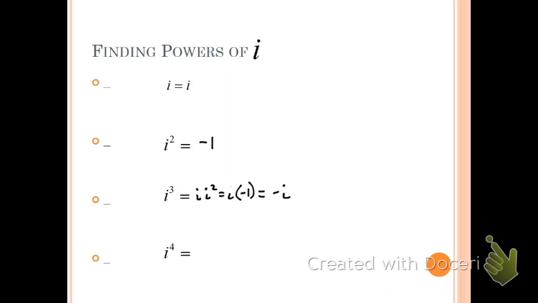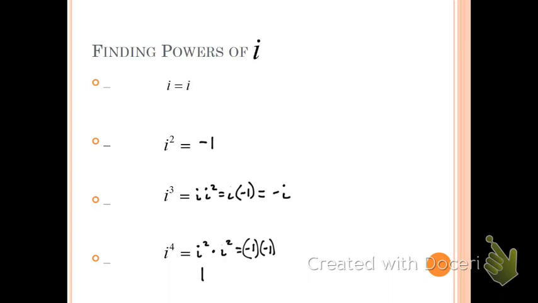So what do you think i to the 4th is? Seth? 1. Because isn't i to the 4th, let's think of it this way, i squared times i squared? And isn't that -1 times -1, which equals 1? So can you have that memorized? i, -1, negative i, 1. Okay?